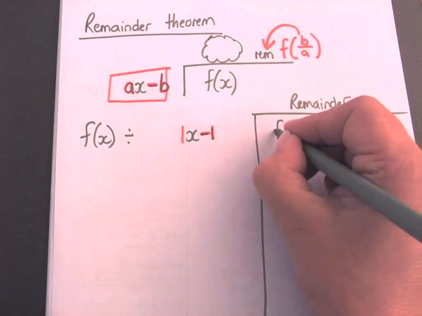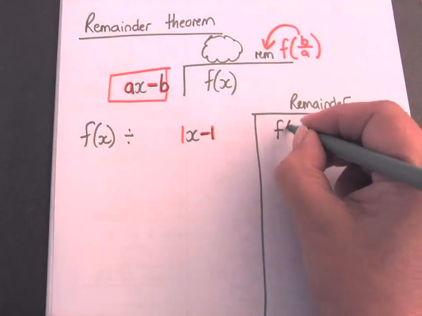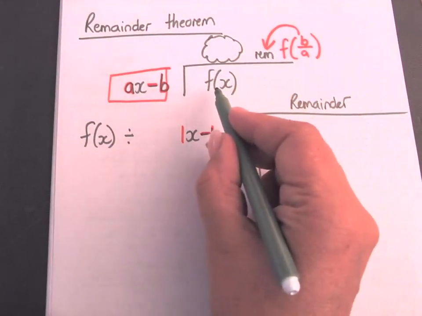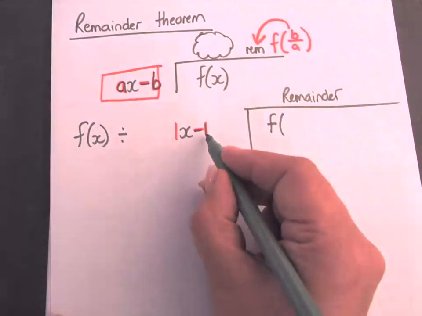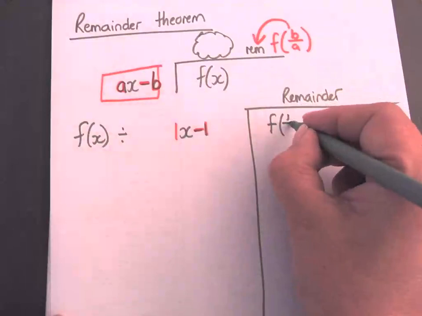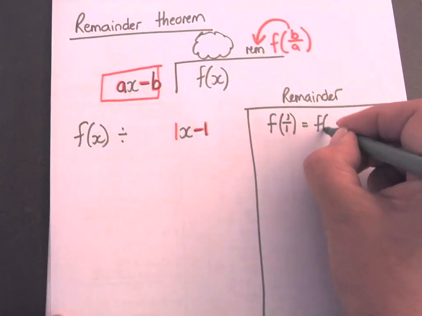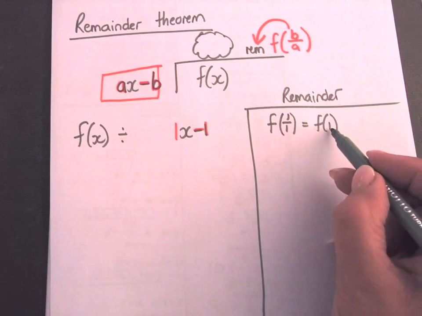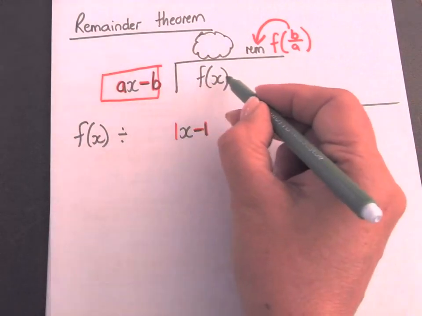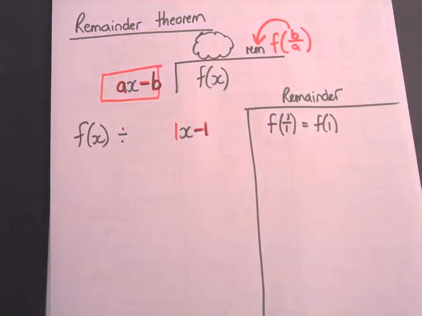So to get the answer of the remainder, I take my function and I substitute the x's in the function with 1 over 1. And that means I have to look for f(1). So you substitute the 1 in all the x's there, and that will give you the remainder. Very easy. It will make sense when we do an example.